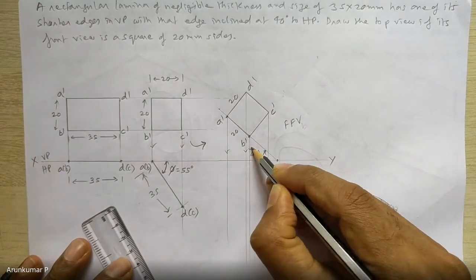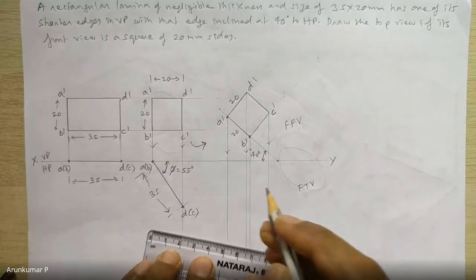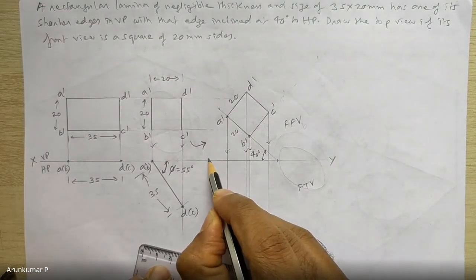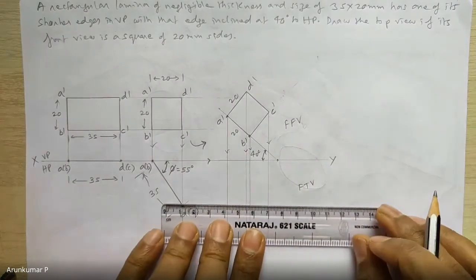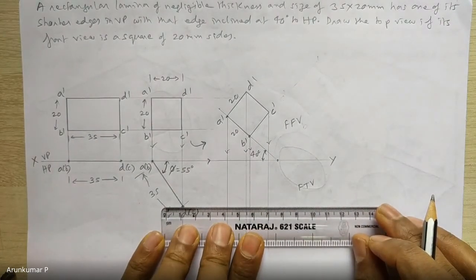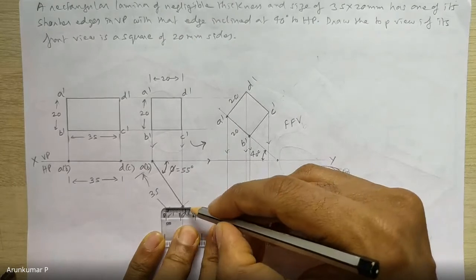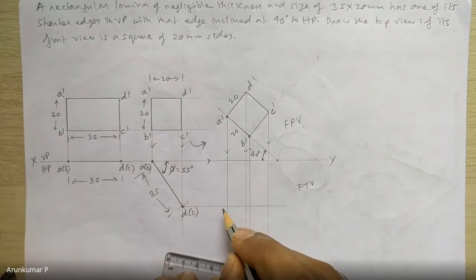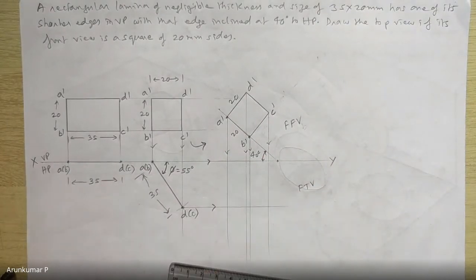So 4 vertical projectors and 2 horizontal. Out of that, the projector of A and B is on XY line, so no need to draw it again. The projector of C and D has to be drawn.